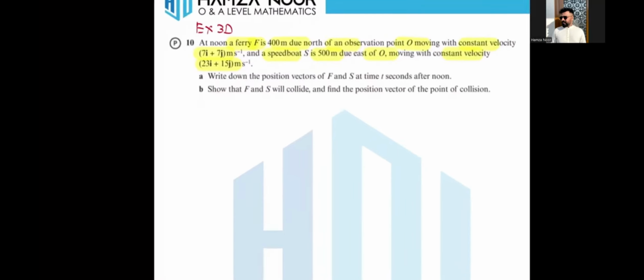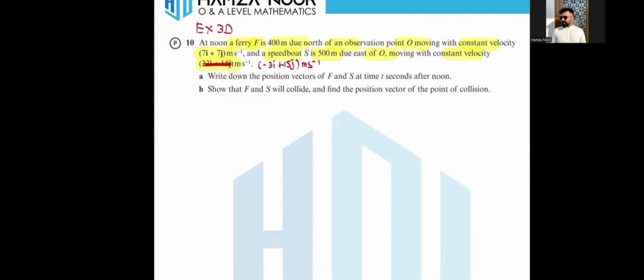So you just need to make a correction over here that this vector is minus 3i plus 15j. The i component is incorrect. And why is it incorrect? I'll show it and prove it, along with the solution of this question. But for the time being, just make a correction over here that the constant velocity vector for the speedboat is minus 3i plus 15j meters per second.